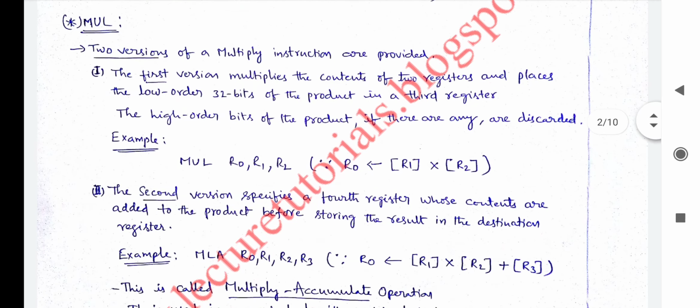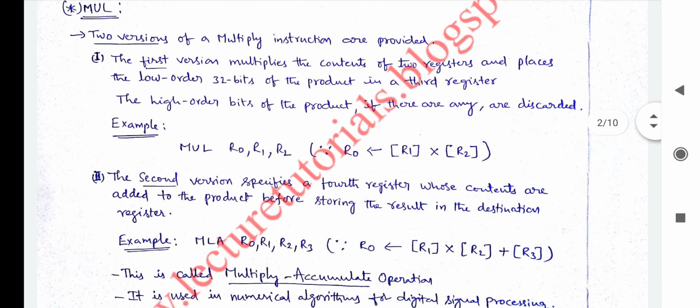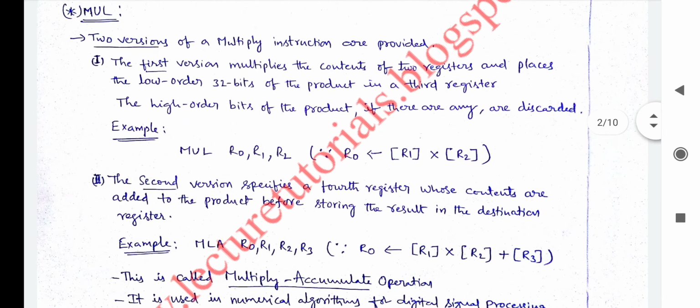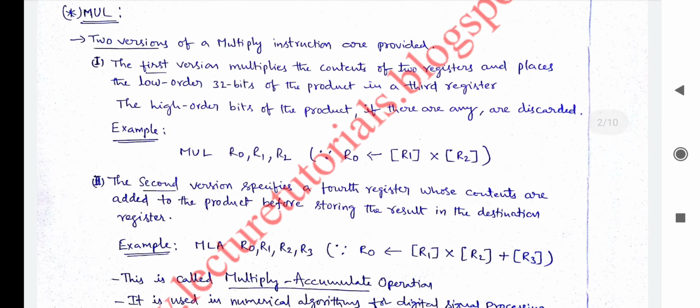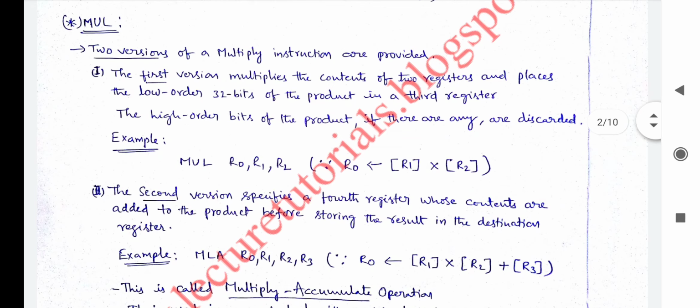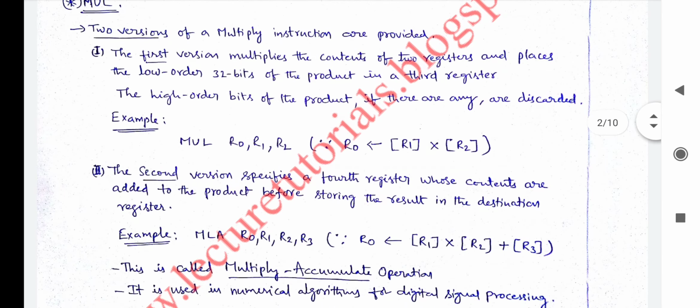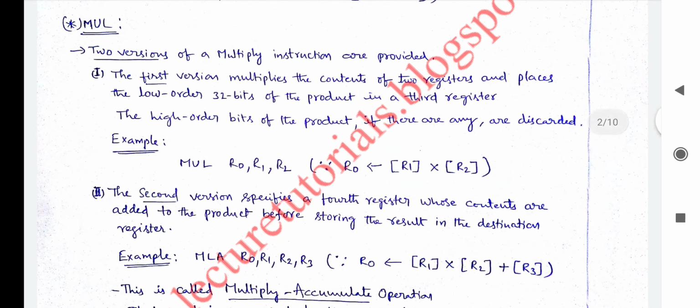Okay, next multiplication, MUL. Two versions of multiplication instruction are provided. The first version multiplies the content of two registers and places the lower order 32 bits of the product in a third register. The higher order bits of the product are discarded. Okay, so we have two versions of multiplication.